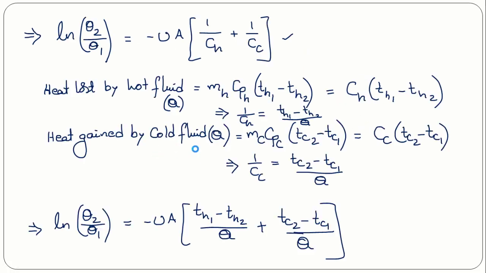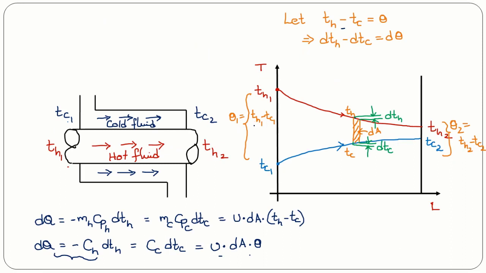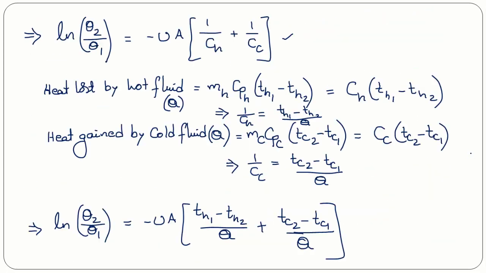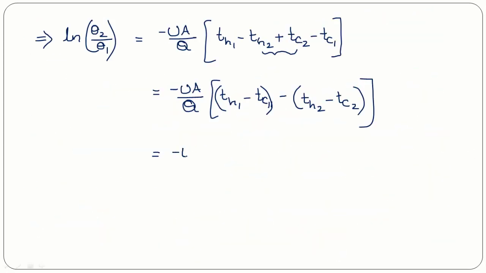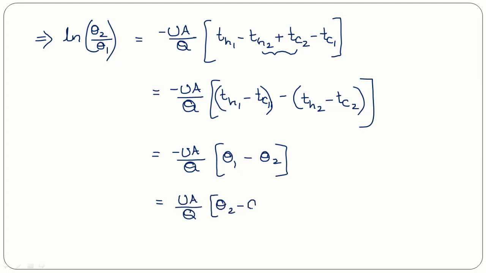So we have written Th1 minus Tc1 here as theta 1 and Th2 minus Tc2 as theta 2. So substituting them here, minus UA by Q into theta 1 minus theta 2. So this can be written as UA by Q into theta 2 minus theta 1.